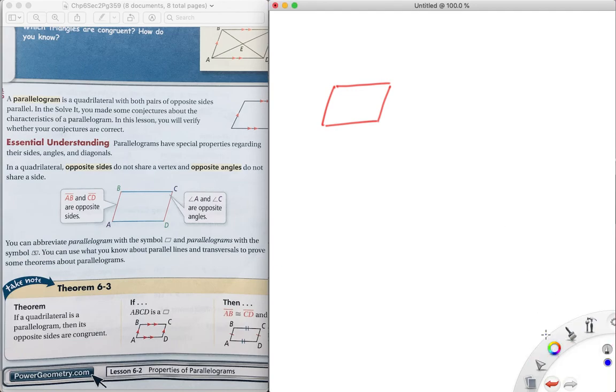Not only are opposite sides parallel, we can also say that opposite sides are congruent. So this is Theorem 6.3.